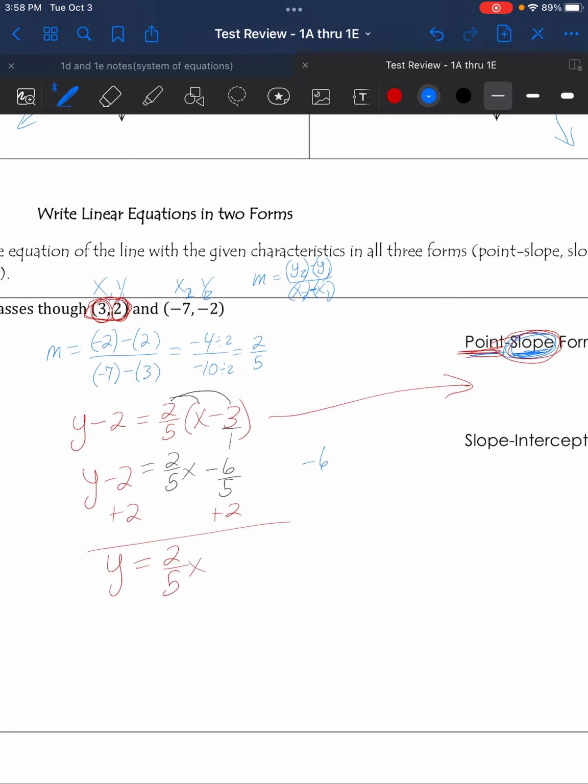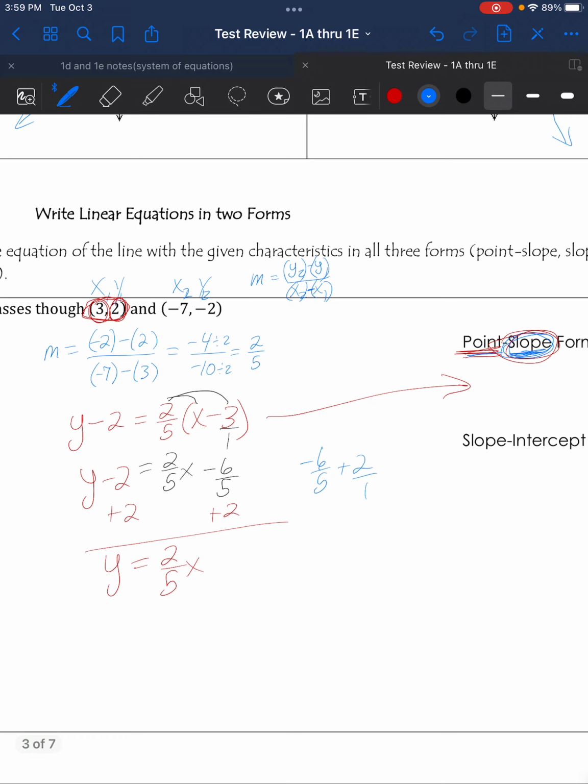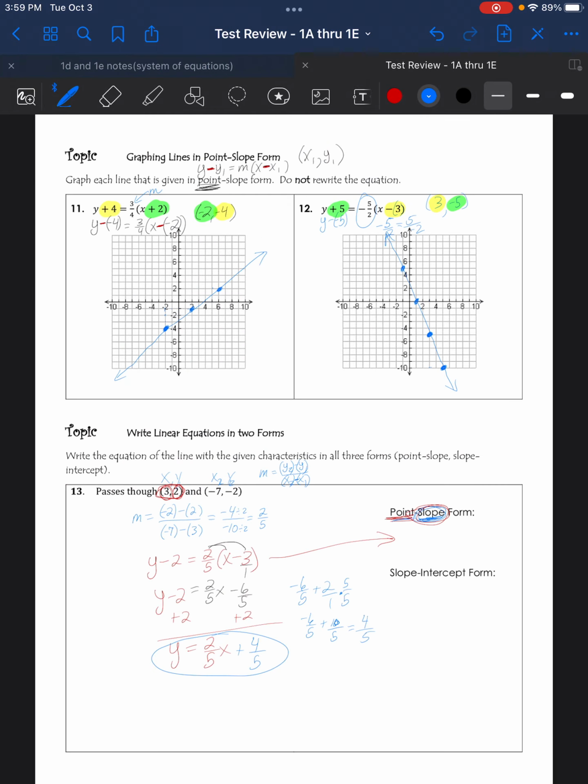I don't know what -6/5 plus 2 is. If I'm adding fractions, I need like denominators, so I multiply by 5 over 5. So that's really -6/5 plus 10 over 5. Add the numerators to get 4, the denominators are the same, so 4/5. And there is your answer for slope intercept form.